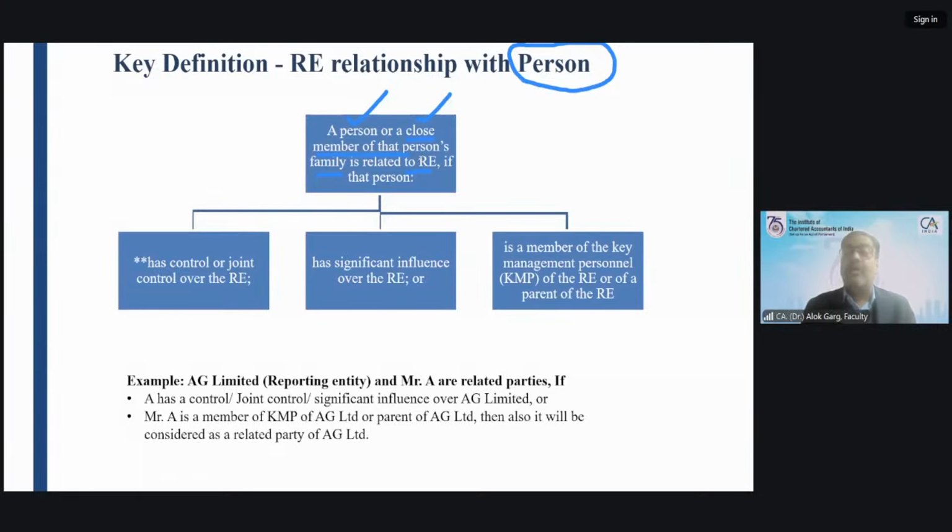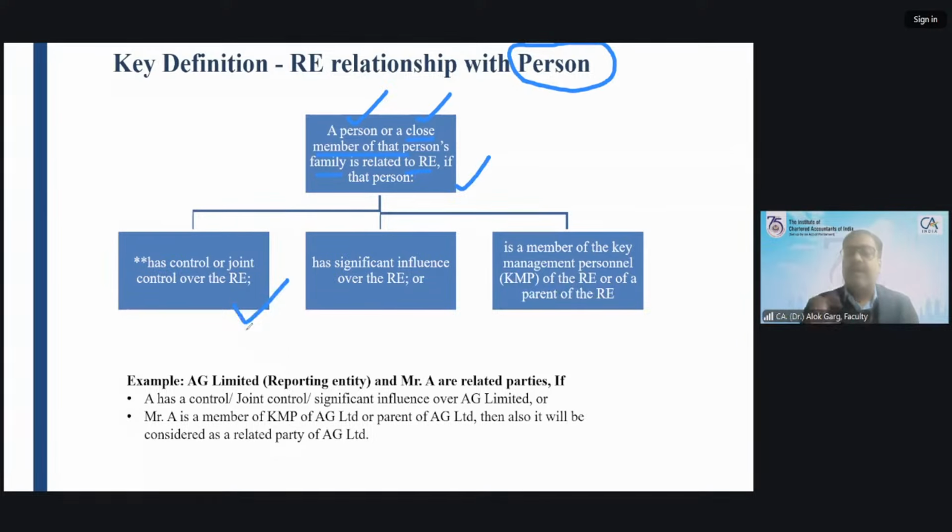A person or a relative of that person is a related party of the entity if that person has control or joint control over the reporting entity. What is meant by this?